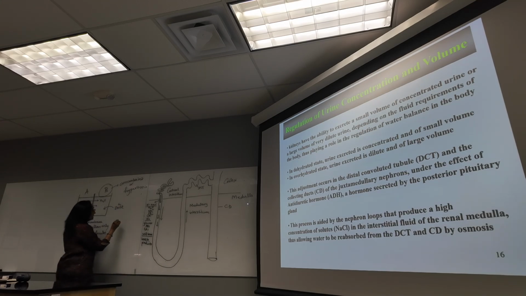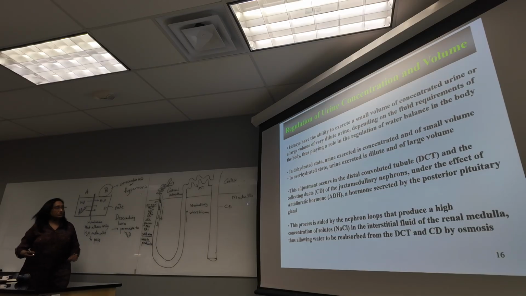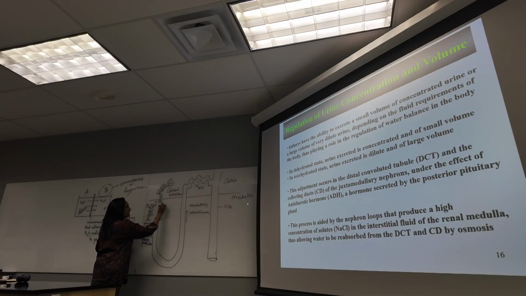So as the filtrate moves down the descending limb, the descending limb is permeable to water and water alone. The structure of the descending limb is such that it allows water to come out into this interstitial space.